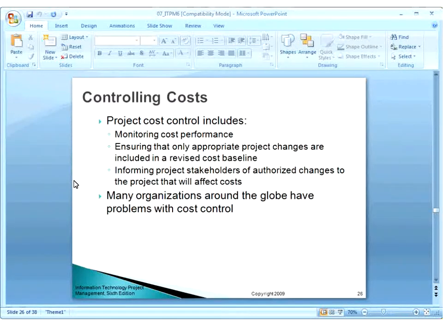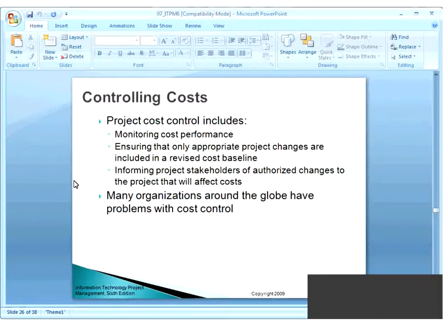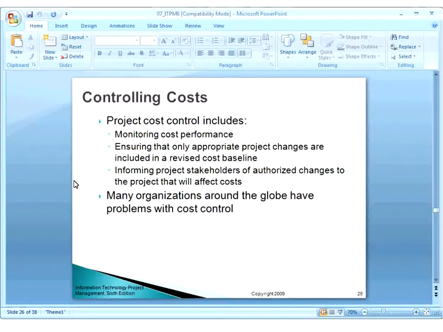Now the third process is cost control. Cost control includes monitoring cost performance. You are keeping an eye on whether the cost is according to the baseline or going above it, and then ensuring that only appropriate project changes are included in the revised cost baseline.